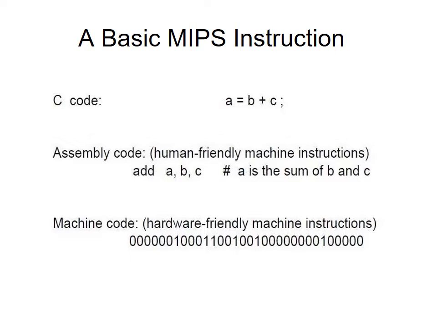That means the values of b and c will be added, and then assigned to a. So a is the sum of b and c. But machine code is hardware friendly but not user friendly. It is a machine instruction, a combination of 0s and 1s, that means a 0-1 string.